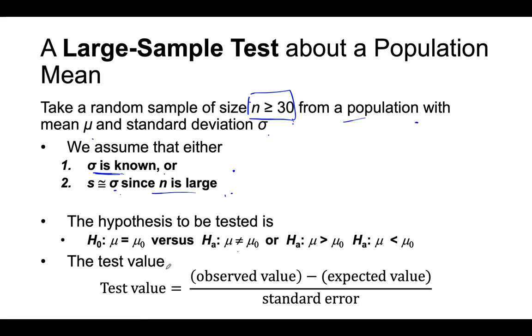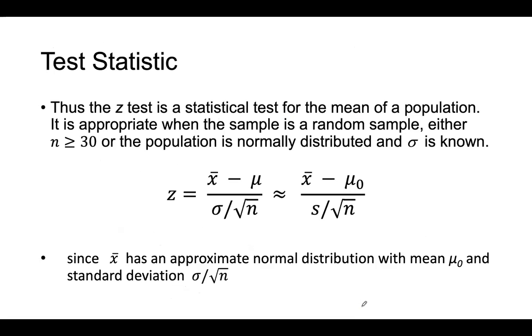So we can calculate this test value. This test value, our test statistic, is just the observed value minus the expected value divided by the standard error. Thus this Z test, or this test statistic, is a statistical test for the mean of a population.